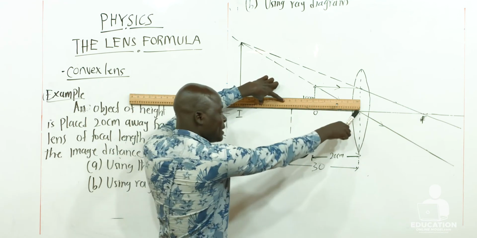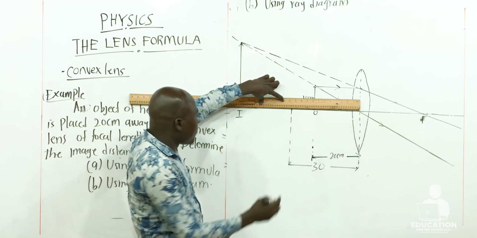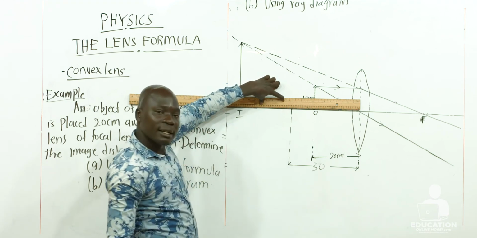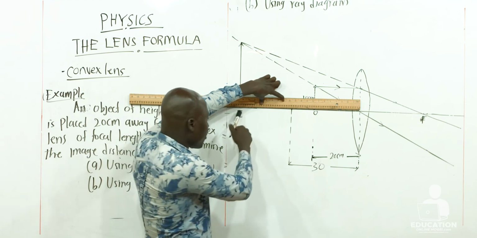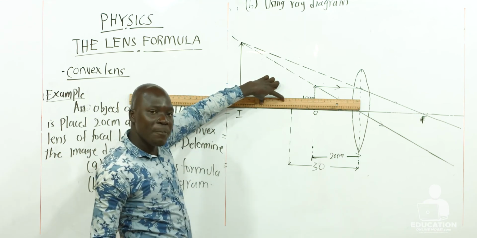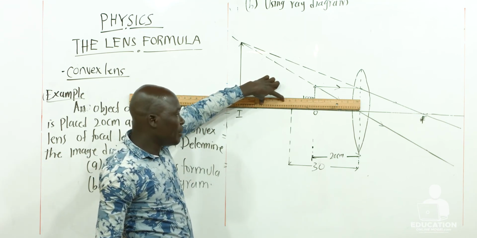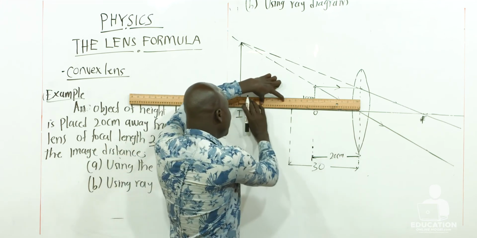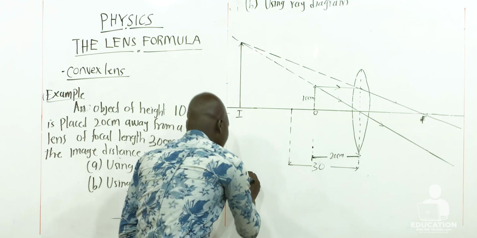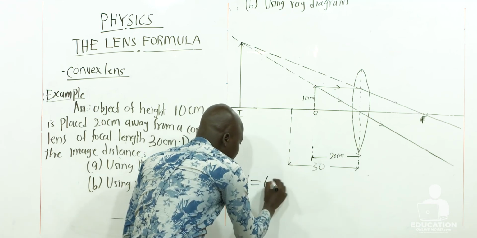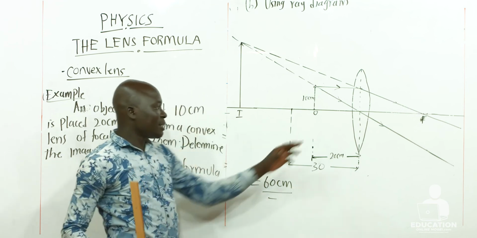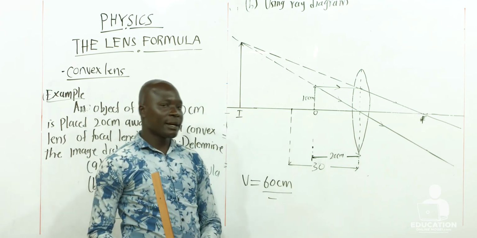When we measure this accurately, we shall find that this image is 60 centimeters. From my ruler, it is showing 60 centimeters, meaning it is taken to scale. So the image distance, which is V, is 60 centimeters. That is when you measure from the ray diagram.